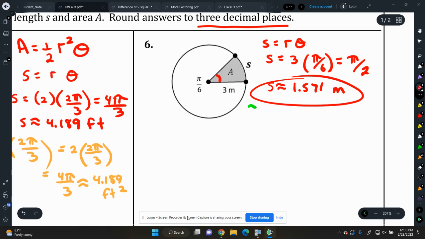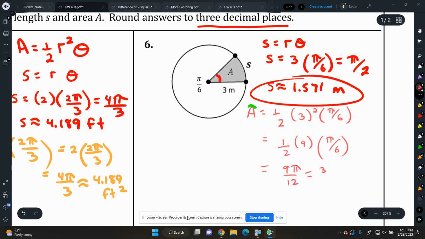Okay, so we're looking at area equals 1/2 r squared, so 3 squared, times the radians of pi over 6. So we get 1/2 times 9 times pi over 6, which comes out to 9 pi over 12, or 3 pi over 4.